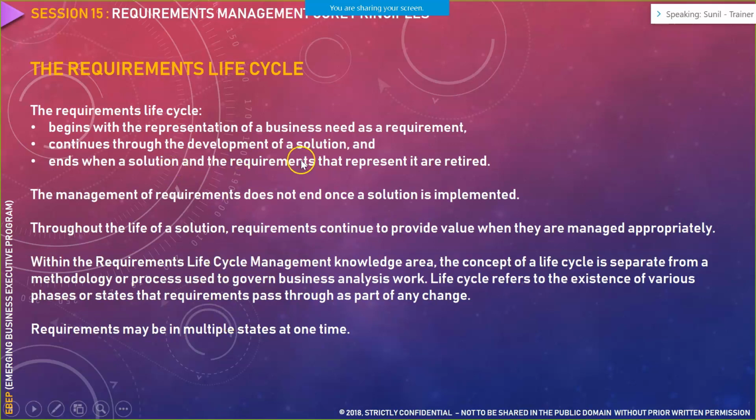They continue through the development of a solution and end when the solution and the requirements that represent it are retired. Now, what is retiring of a particular requirement? Whatever system you develop at this point of time is bound to retire at a certain specific period of time. So whenever your system gets retired, your requirement life cycle ends over there. Your requirement life cycle starts with the business needs.